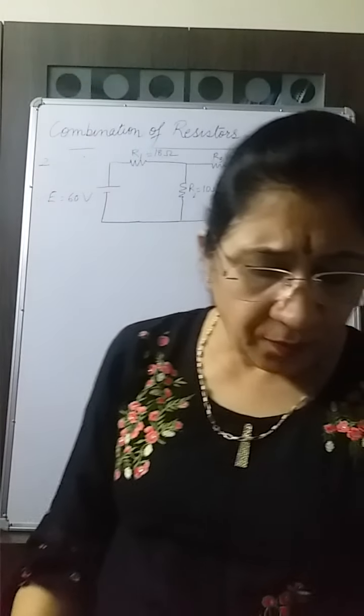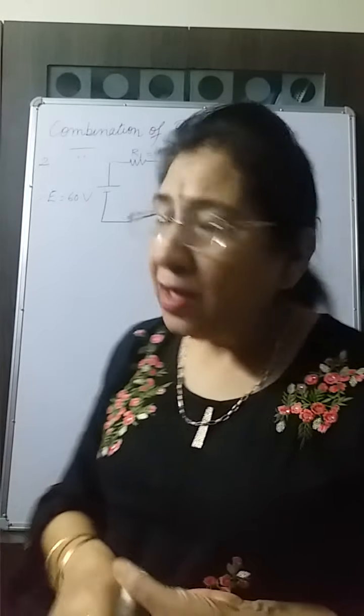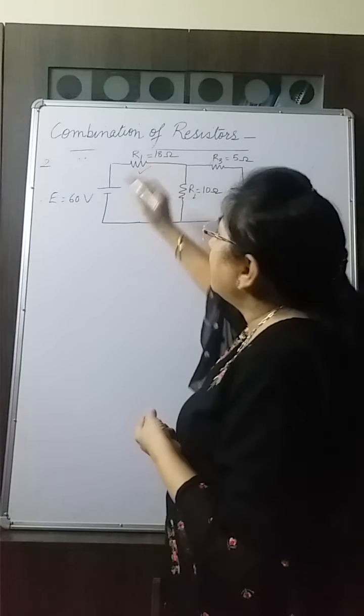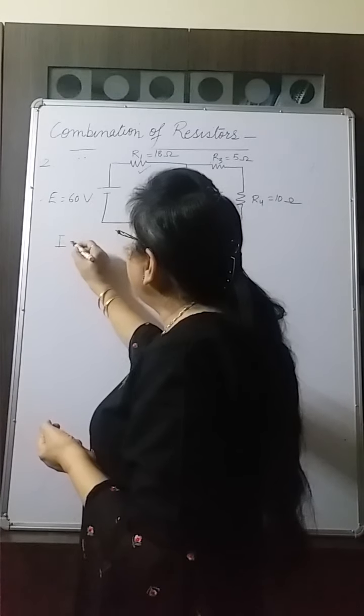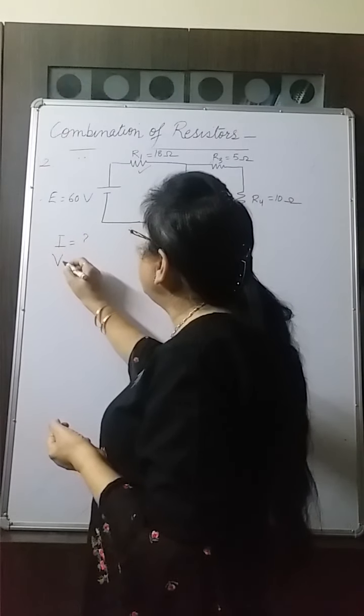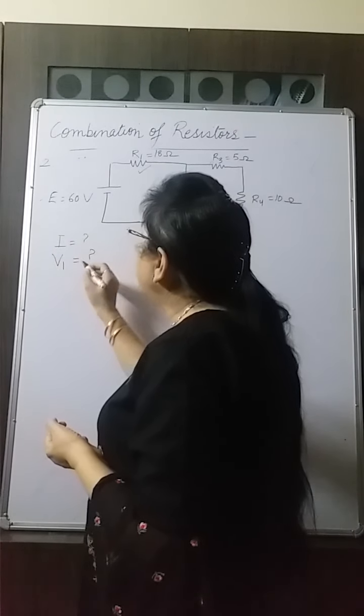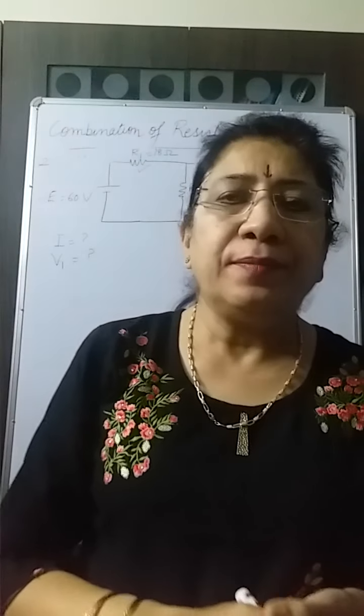Here we have to find the potential difference across the resistor R1. So first of all, we can find the current and then we can find the potential difference across R1.